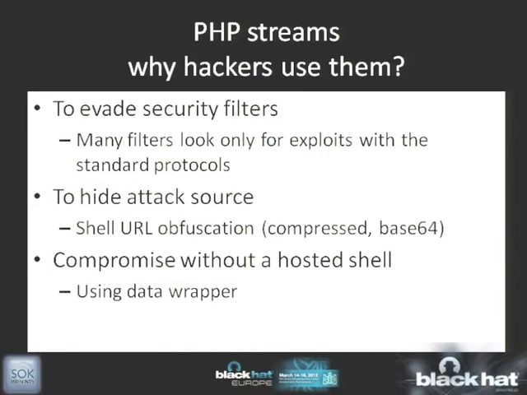Signatures such as, let's say, mod_security signatures only look for the vulnerable parameter, and then immediately, if there is some kind of protocol, it knows. So it looks for HTTP, HTTPS, FTP, and FTPS, but it doesn't look for data or PHP or some other stream. So it's a good way to evade some signatures.